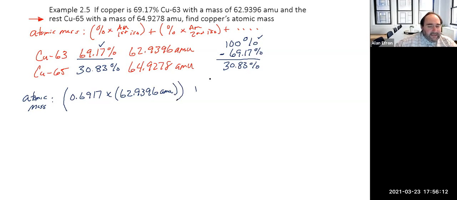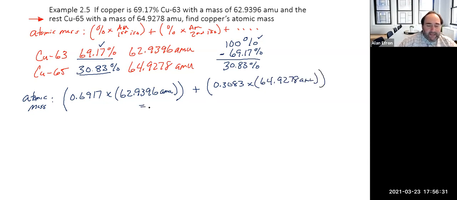Then I'm going to add it to my second isotope, which I just calculated. And again, I'm going to just move the decimal to 0.3083. We're going to times it by the atomic mass of that isotope, which was given to us.